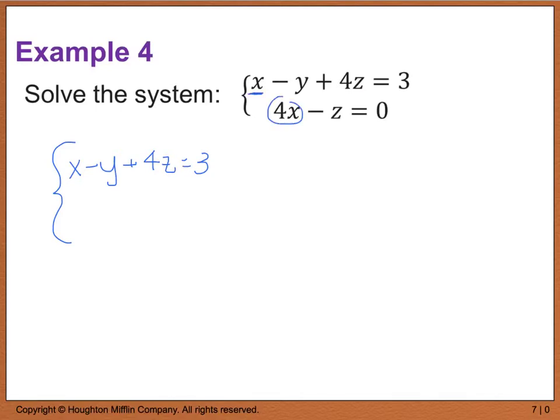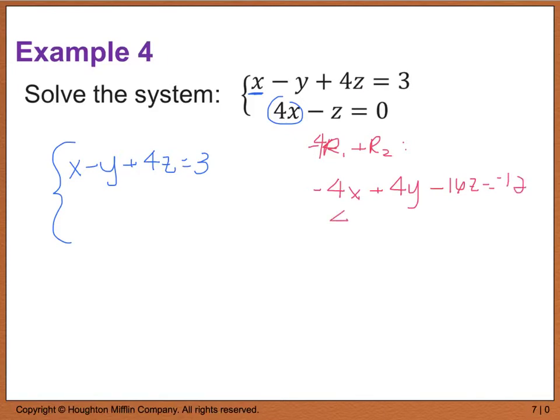So I'm going to go negative r1 plus r2. So that gives me negative 4r1, so negative 4x plus 4y minus 16z equals a negative 12.